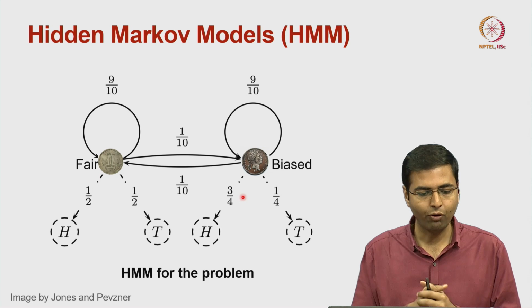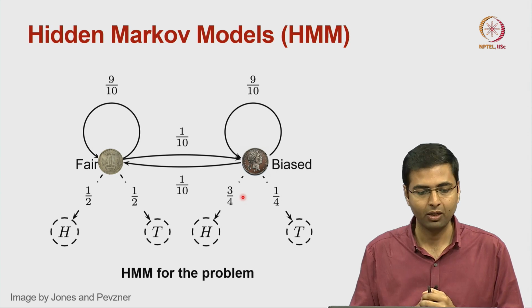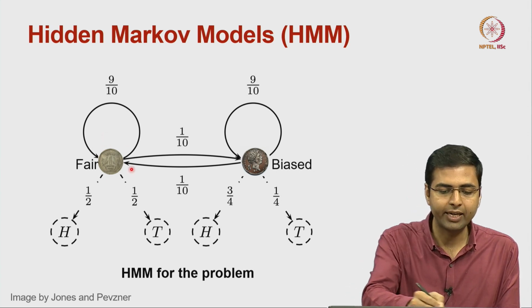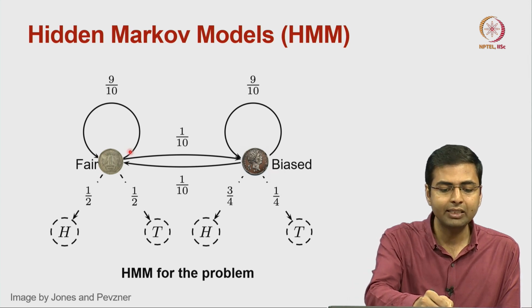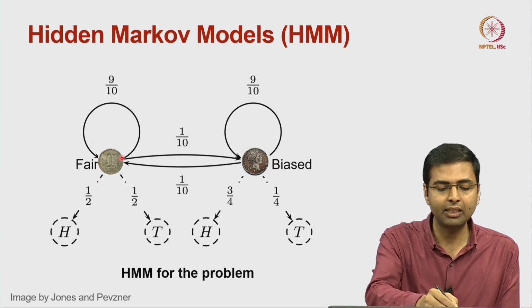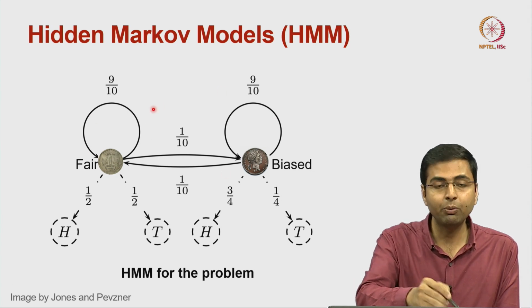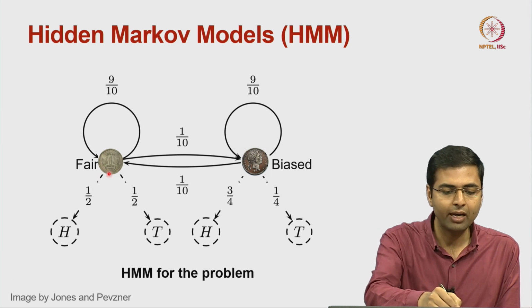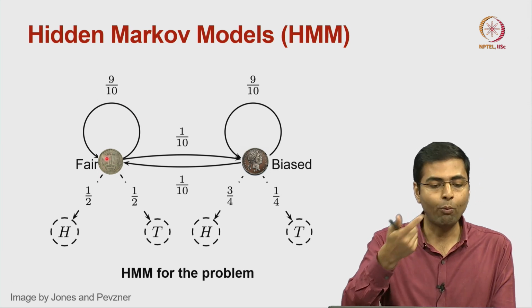Now we can visually look at the hidden Markov model for the casino problem using this figure, where you have two hidden states, fair and biased. Between these states we can transition. These are the state transition probabilities, that is, you can switch between fair and biased with probability 0.1, and if you have a fair coin, then you will remain with the fair coin with probability 0.9.